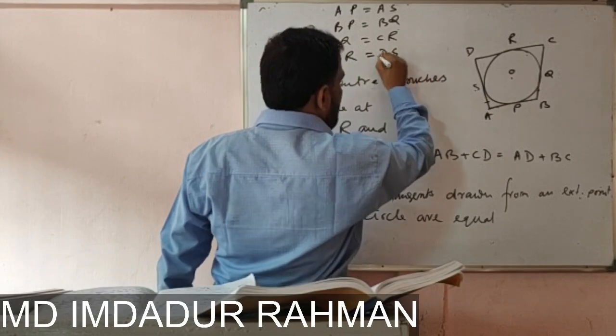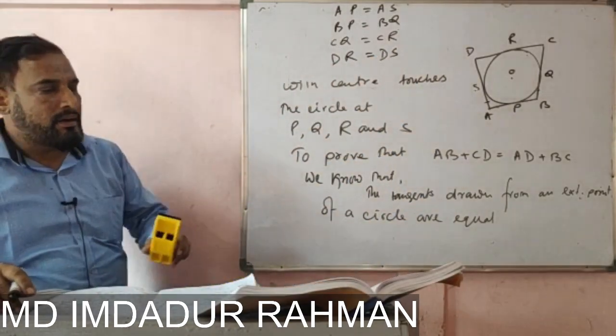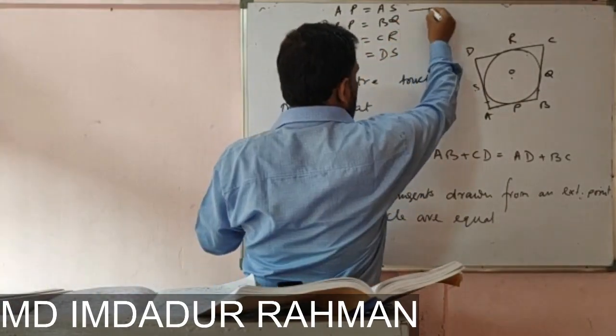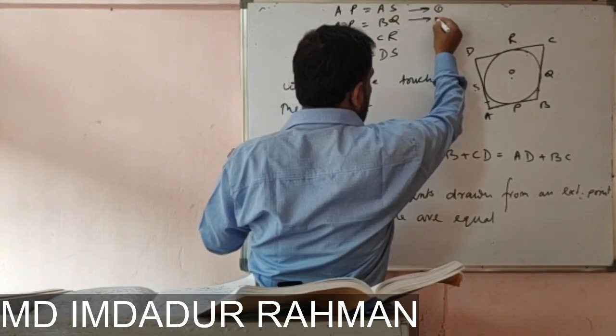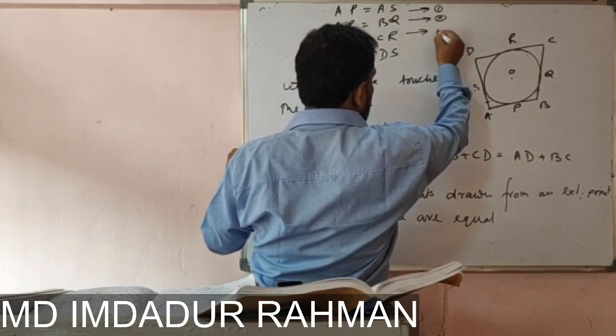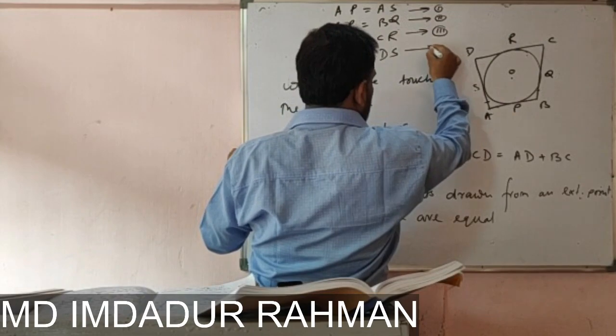DS. DR is equal to DS. These are equations 1, 2, 3 and 4.